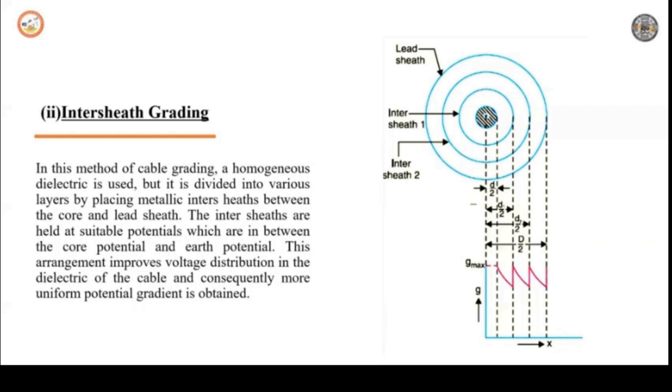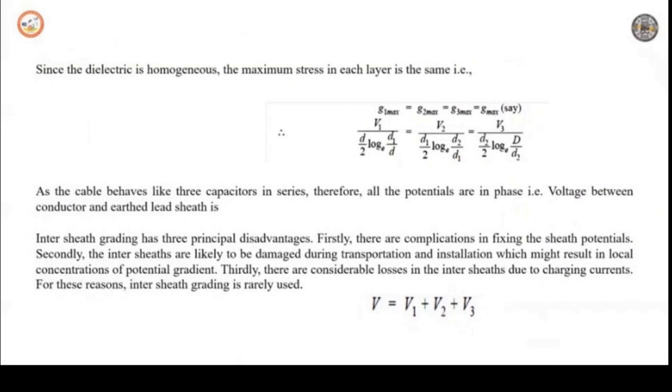Using the intersheaths maintaining different potentials, uniform distribution of stress is obtained in the cables. Consider a cable with core diameter d and overall diameter with lead sheath as D. Let two intersheaths be used having diameters D1 and D2, which are kept at the potentials V1 and V2 respectively. When we do that derivation, we'll end up with this expression.